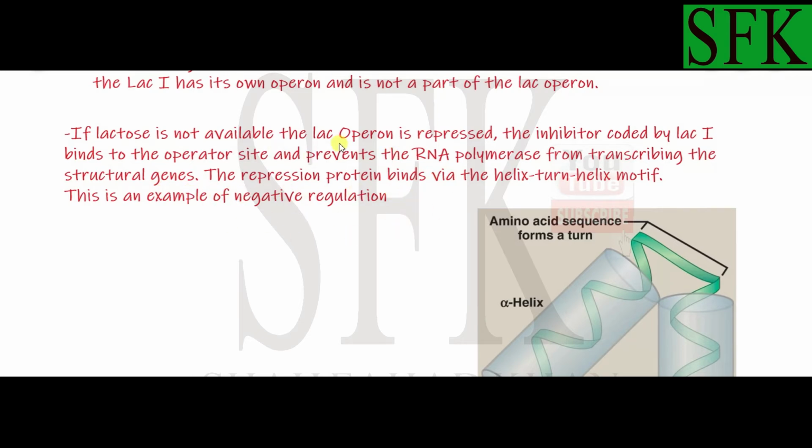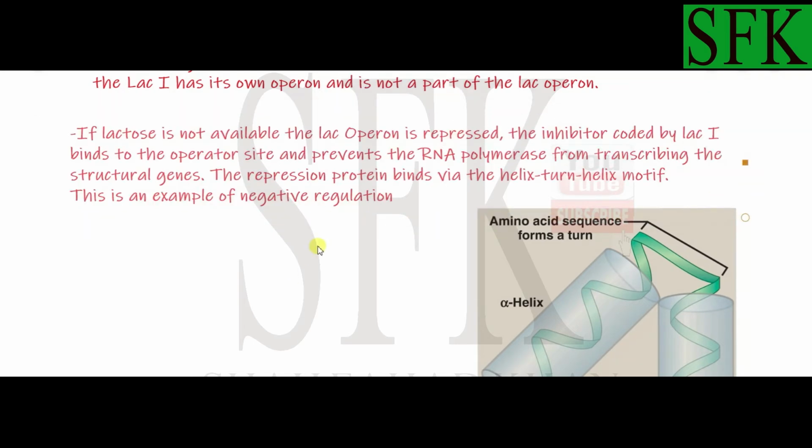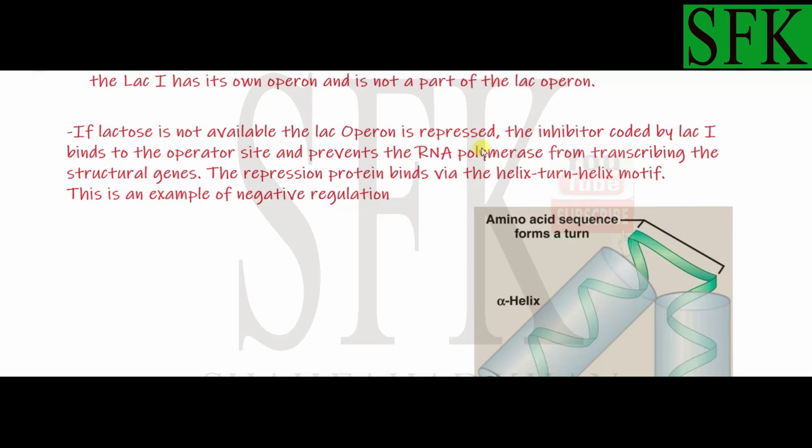We've talked about negative regulation in the previous lectures as well, and I'll try giving the link in the description. Do check that out as well. So it is negative regulation because the presence of this repressor molecule prevents, or actually represses, the expression of the Lac Operon.